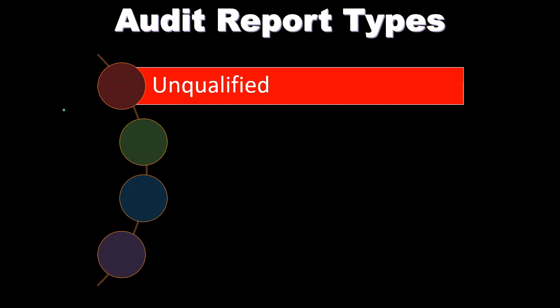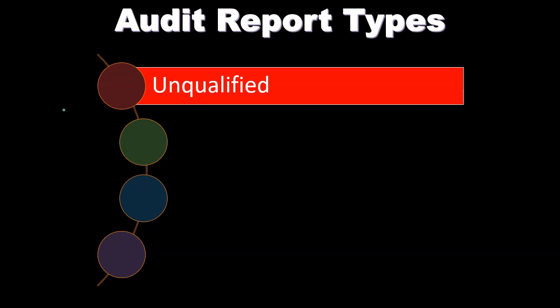And if someone asks us why we gave the unqualified report, we can provide the audit evidence to support our opinion about our good, clean clients who have been doing their job properly, representing their financial statements in accordance with whatever regulations they say they're using.